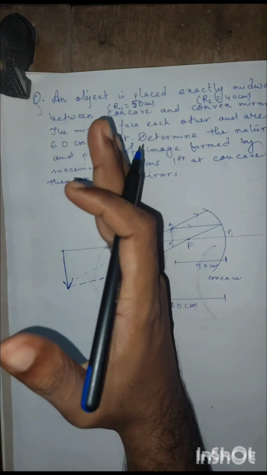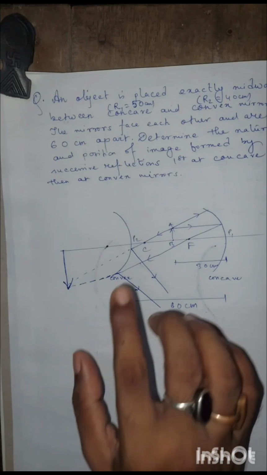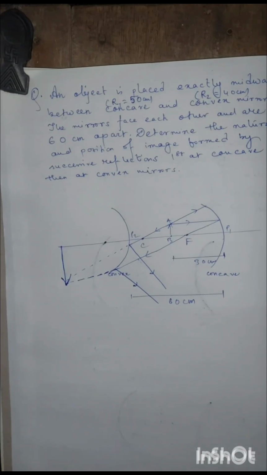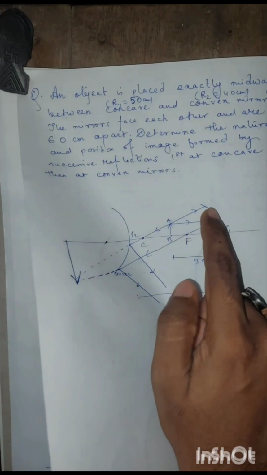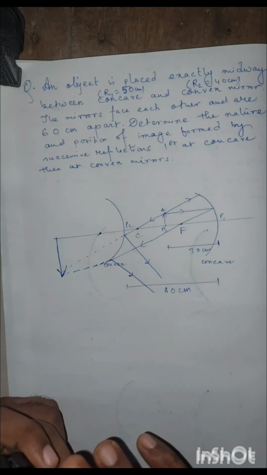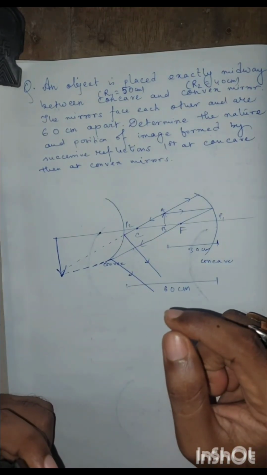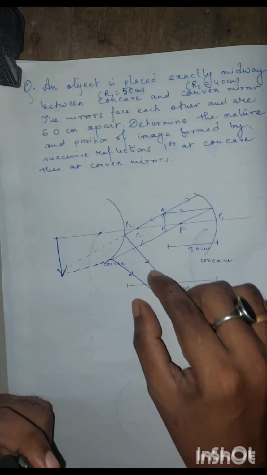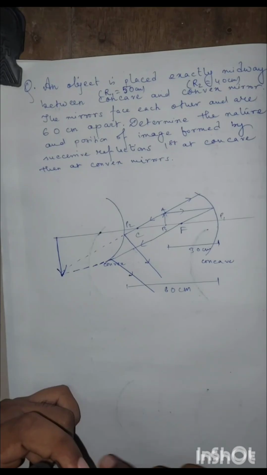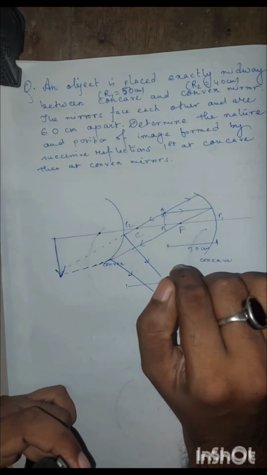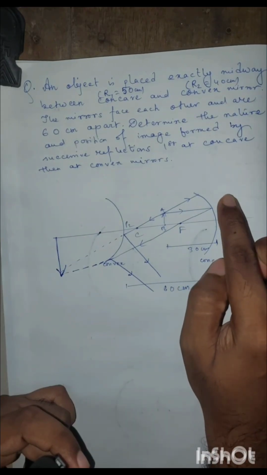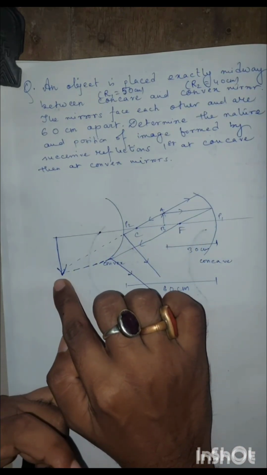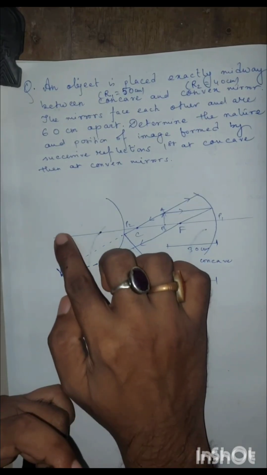If we ignore the convex mirror for a moment, okay, if we ignore the second reflection and the convex mirror for some time, then we can say the rays coming out of point A after getting reflected at mirror 1, that means by the concave mirror, will meet at a point where a real image will be formed.